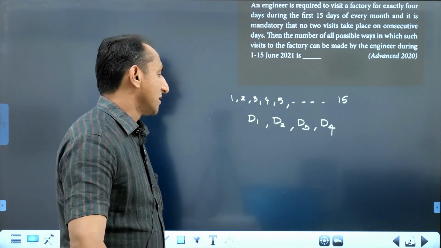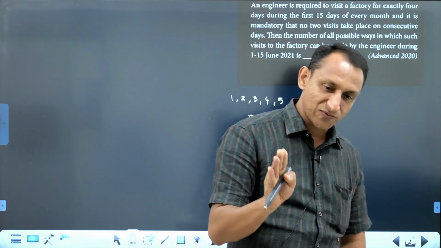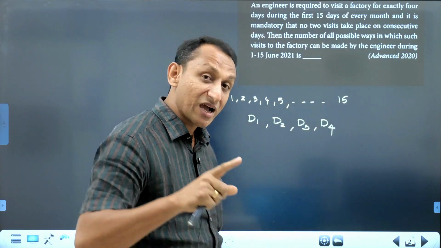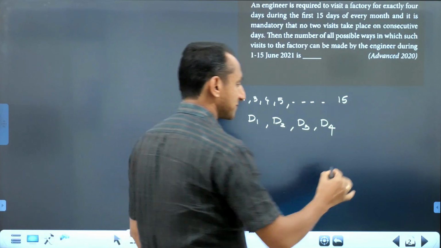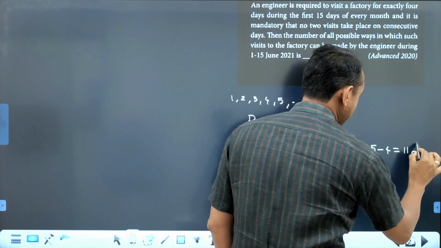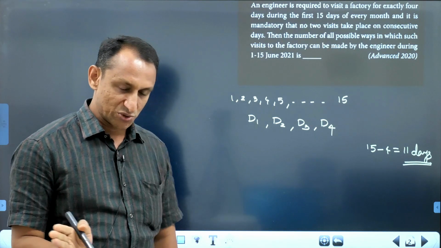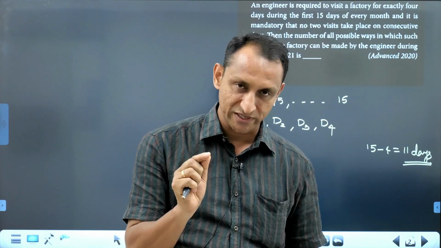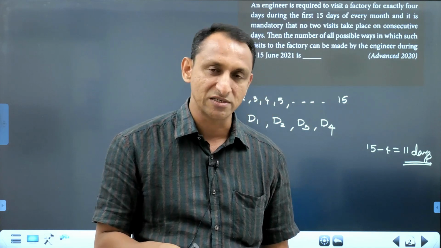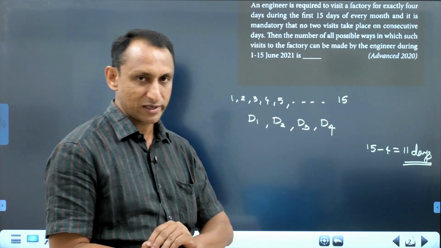These are the 4 days. Out of these 15 days, 4 days are taken for visits. How many days are remaining? 15 minus 4, there are 11 days remaining. Clear?